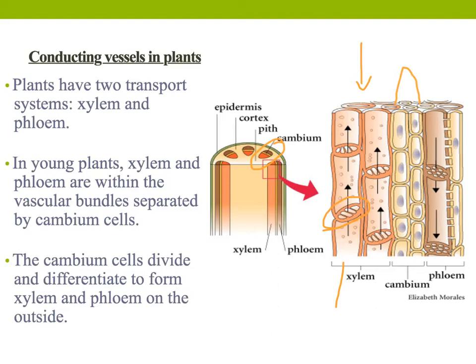In phloem, you have a similar sort of thing where you've got sieve plates in between the cells, but you also have these special companion cells here that are found next to the sieve plates. So pay attention to those as we go through and look closer at xylem and phloem tissue.